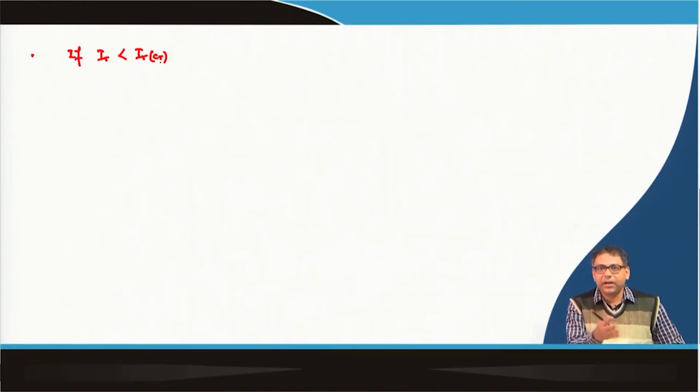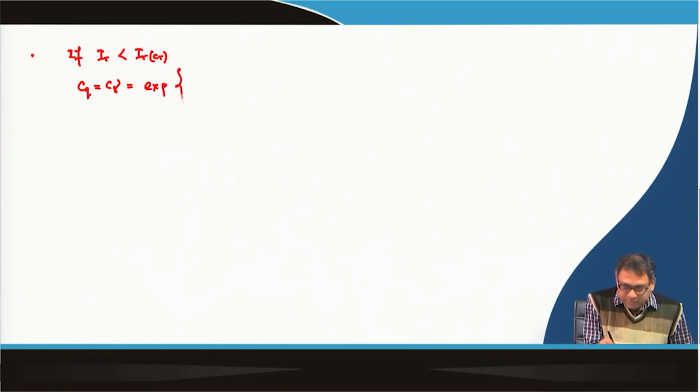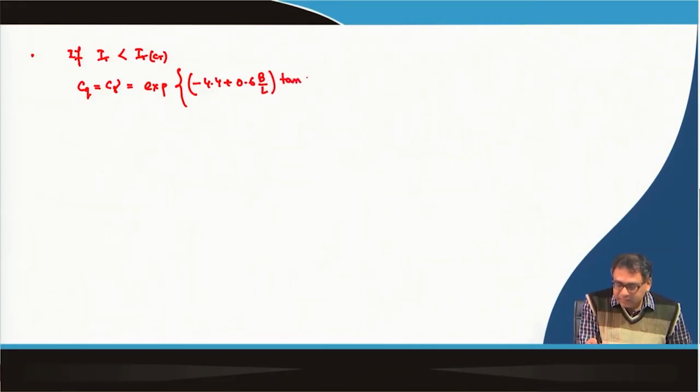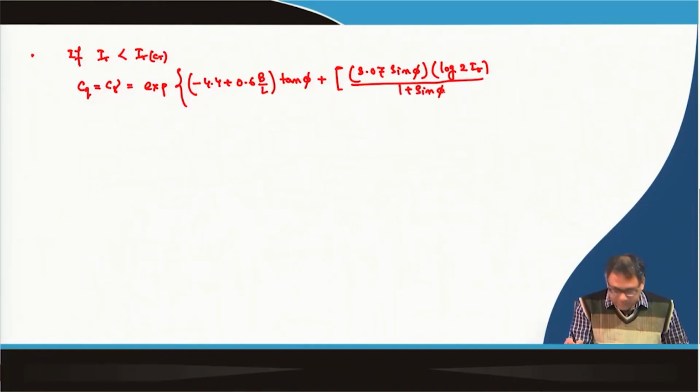We calculate the correction factor: Cq equals C gamma, equal to the exponential of minus 4.4 plus 0.6 B by L, times tan phi, plus 3.07 sin phi times log of 2 IR divided by 1 plus sin phi.